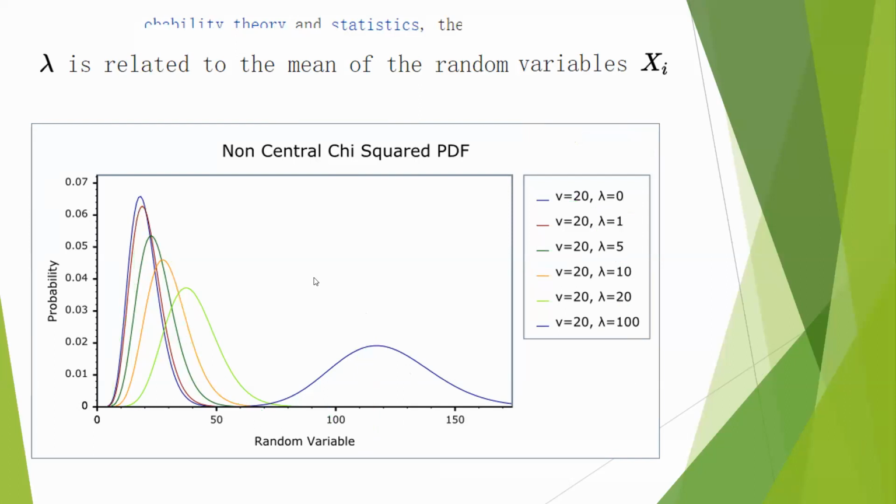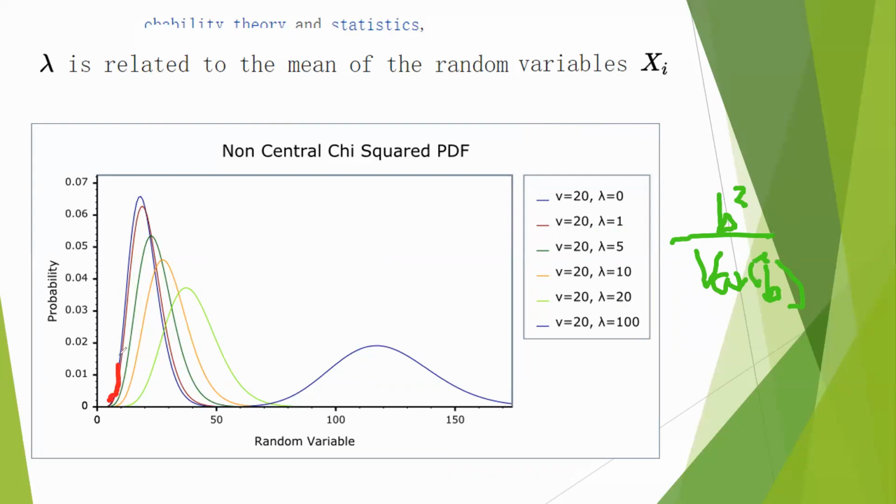Okay. And usually when we do the testing, just think about when we do the testing with b square divided by the variance of the b estimation. We are using two chi-square distributions, right?